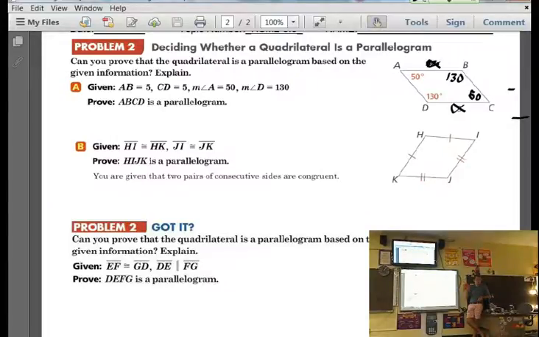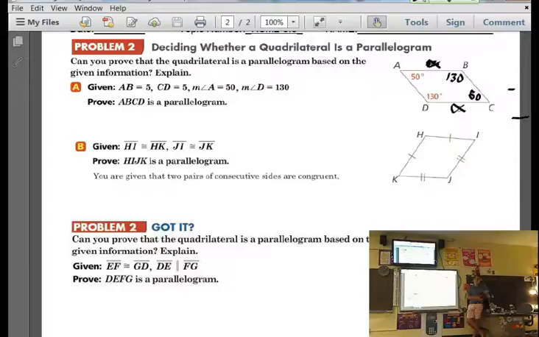So if you knew these were parallel, you had a line going through it, you could say that the 130 angle was a corresponding angle to the angle next to C, and then since they're supplementary, you can prove that one's 50, and then you could just do the same thing for the other side. So you wouldn't need to know that they're 5. All you need to know is that. But that's because I know all 4 angles.